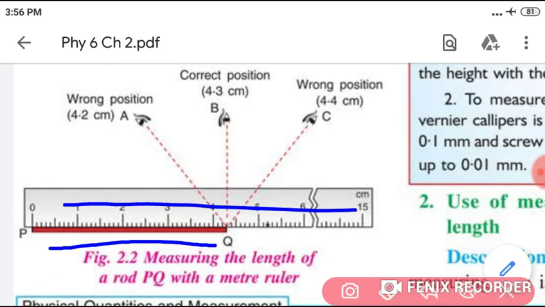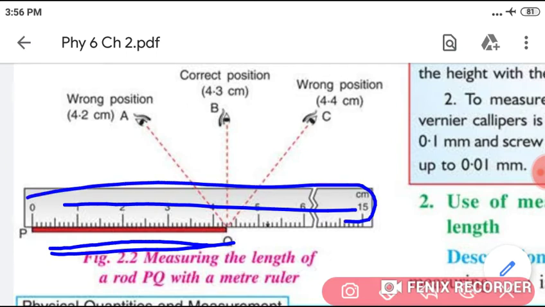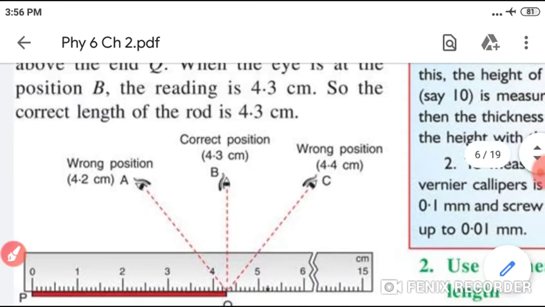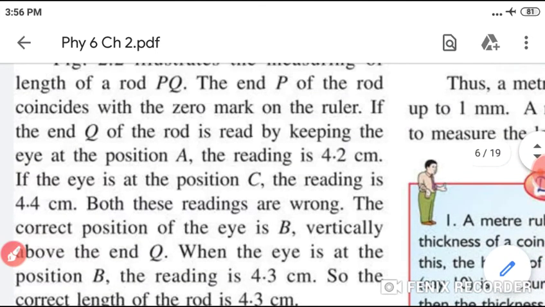The zero marking of the scale should be kept on the object's first point, let it be point P.